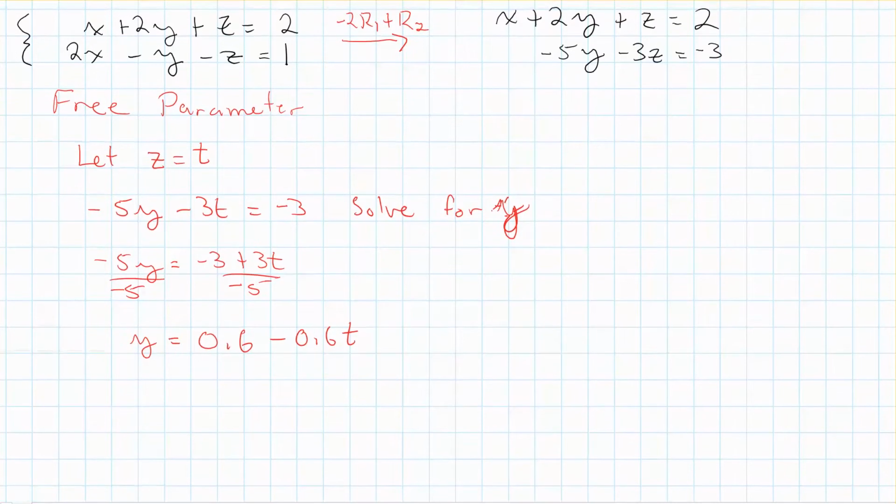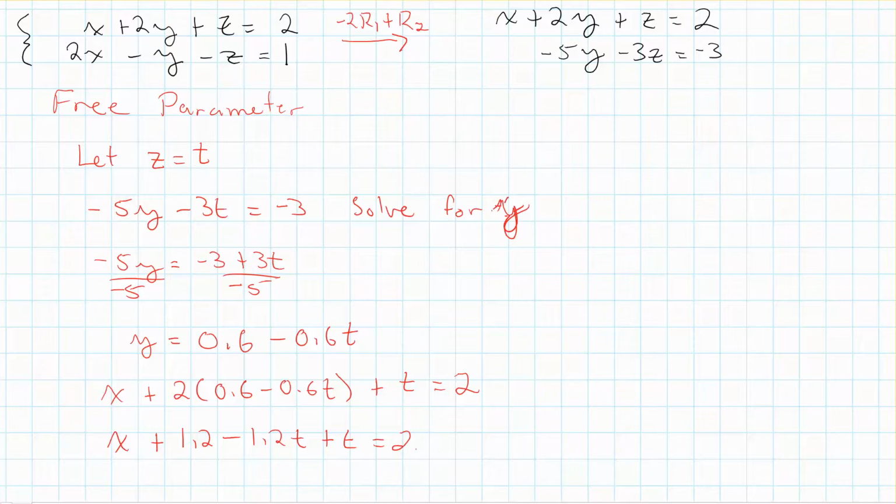And then I'm going to do another back substitution. So you'd have x plus 2 times 0.6 minus 0.6t, plus z, which is just equal to t. And I'm going to solve for x. So you have x plus 1.2 minus 1.2t plus t equals 2.